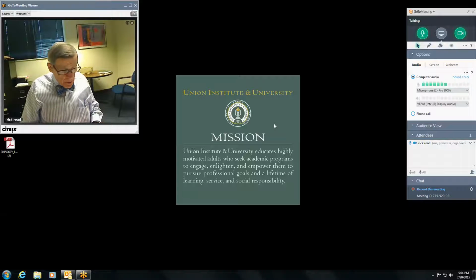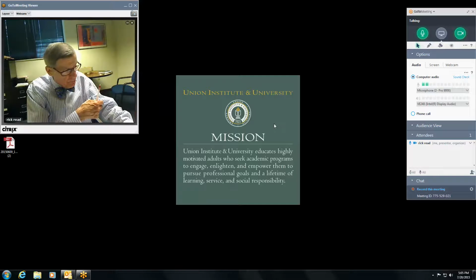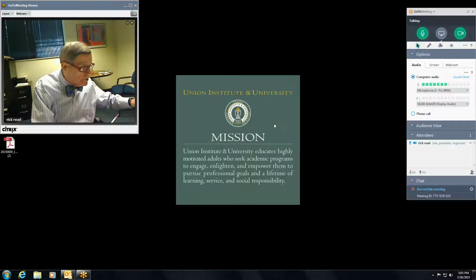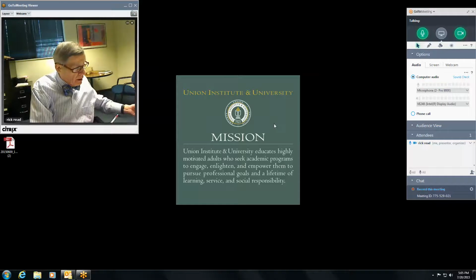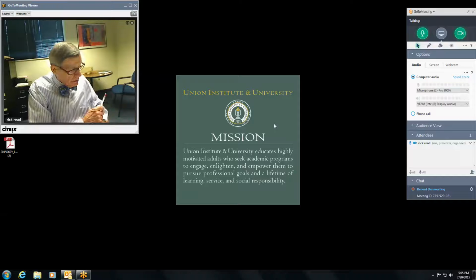Organizations face pressures from stakeholders. And figure 8.2 on page 255 gives us some kind of an idea of the relative power of the stakeholder.